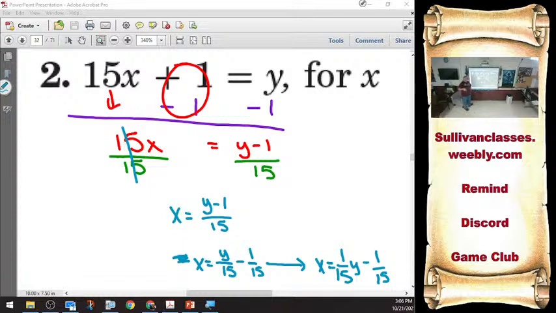If I'm dividing by 15, dividing by fractions is easy as pie. I didn't have to do this. I could have said x is 1/15th times y minus 1. All four of those are correct.